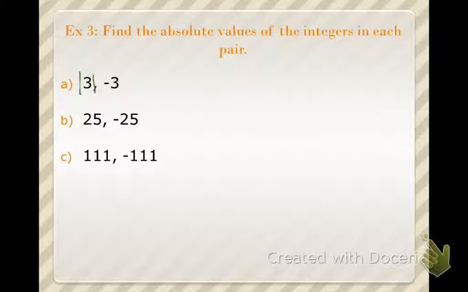In your own mind, do this to each one of these, or write it out this way when you do your homework. So what's the absolute value of 3? 3. What's the absolute value of negative 3? 3. You have 2 answers here. Please do not just put 1.